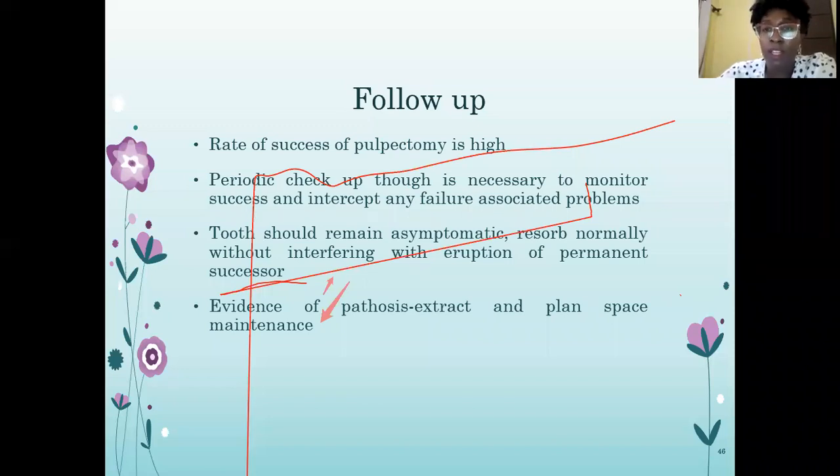Of course, failure-associated problems will be things like your abscess is persistent, again, they're symptomatic, it's painful, tender to percussion, mobility is getting worse. So the tooth should remain asymptomatic, it should resorb normally, and should not interfere with the eruption of the permanent successor. So if there is any evidence of pathosis, extract and plan space maintenance.